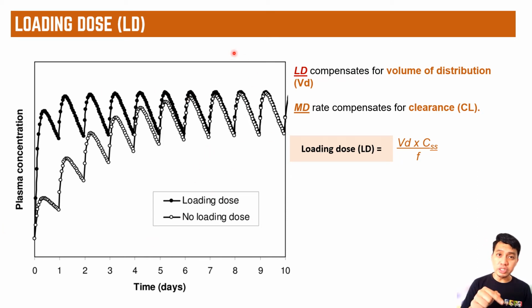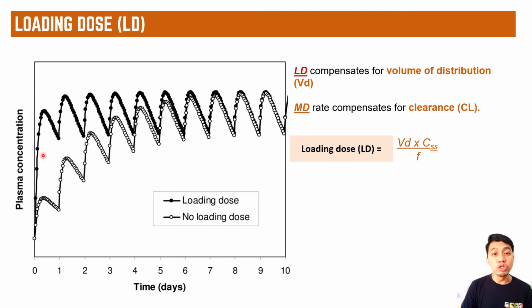So in these situations, we need to administer a one-time dose to prime the patient. This is the term of the loading dose. So the goal of the loading dose is simply to reach the steady-state concentration in a shorter period of time.